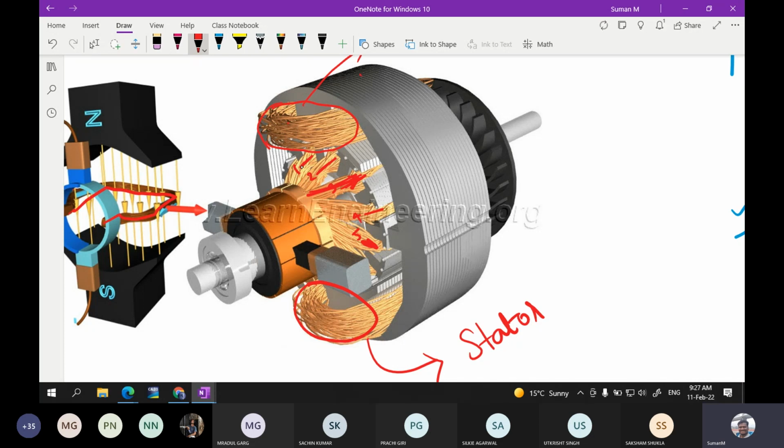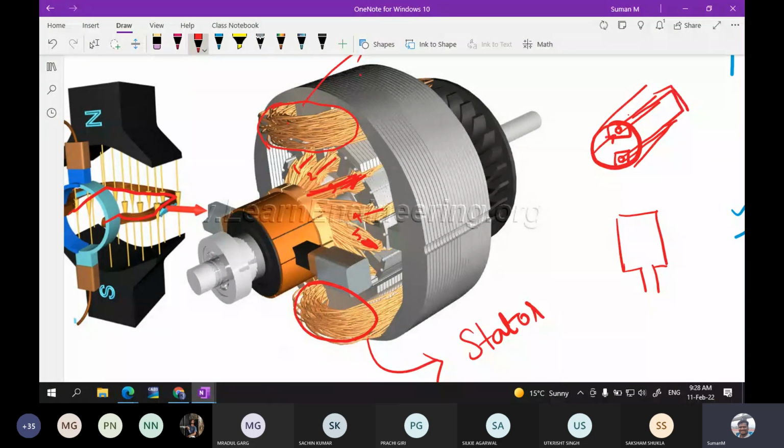Okay, one conductor alone from this, if you are taking out from the rotor part, so I told that there are conductors which are housed like this one and this one. If you are taking this conductor out, you can see that the conductor will be coming like this. So if you see in 3D, this conductor will be going like this and this conductor will be going like this. Okay, so actually if I'm starting the conductor from here, I have to travel through this path and at the end it will be having a turn like this.